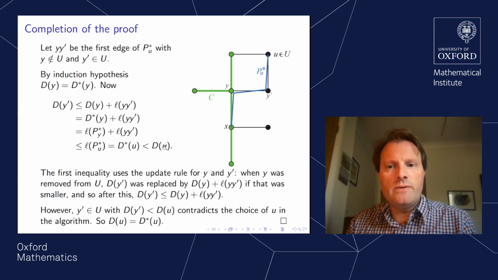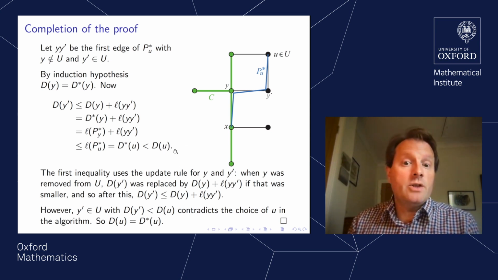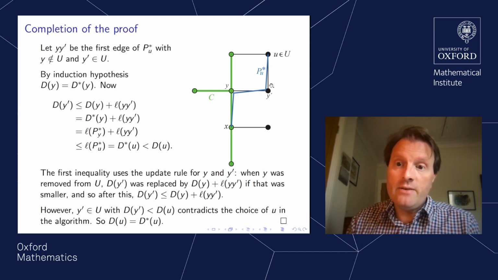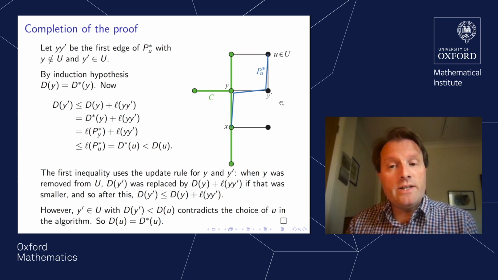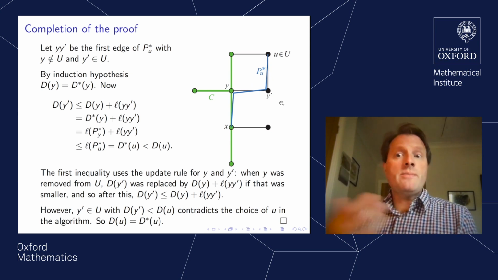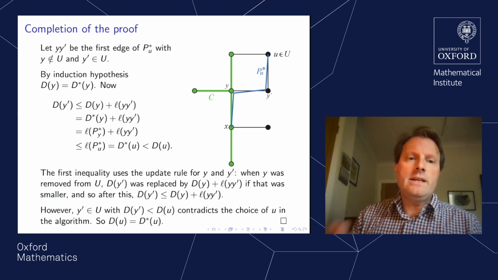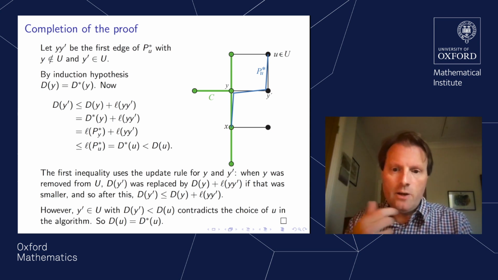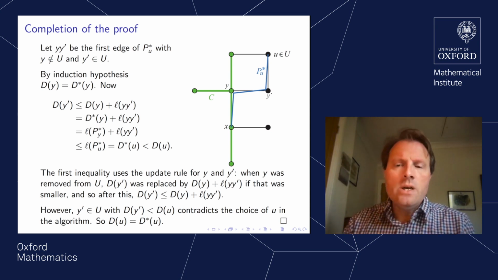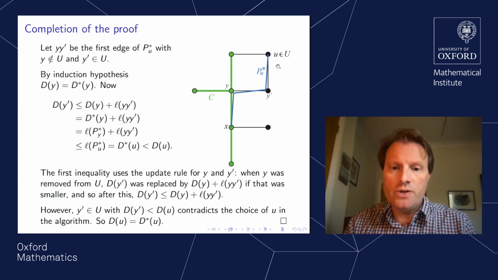That's what we've just proved. And so, in other words, instead of finalizing the D value of U, it should have finalized the D value of Y primed or some other vertex in U with even smaller D value. So that's a contradiction that contradicts our choice of U.